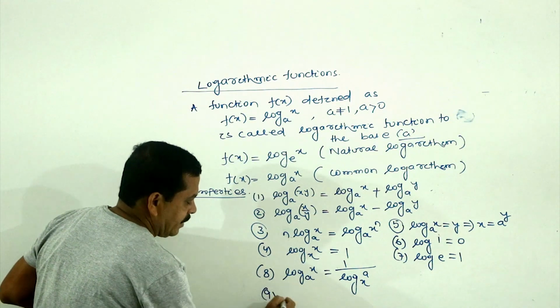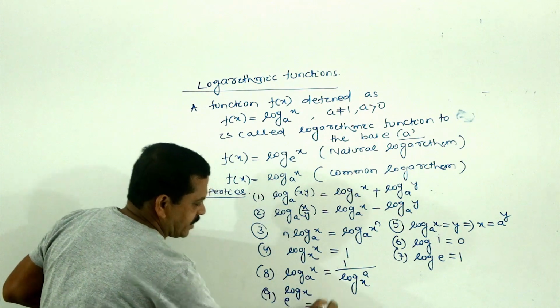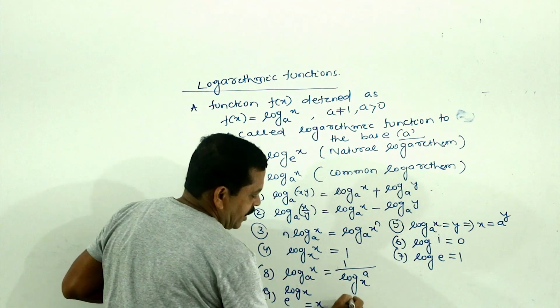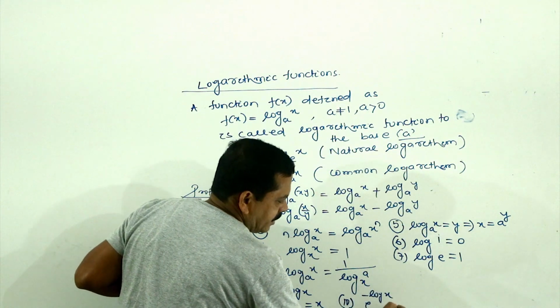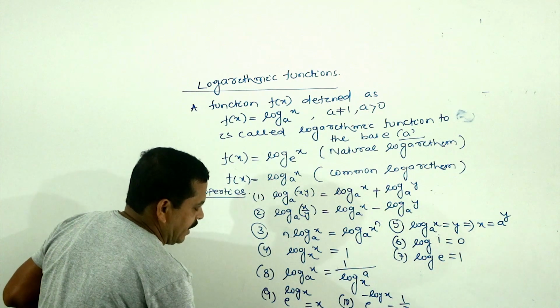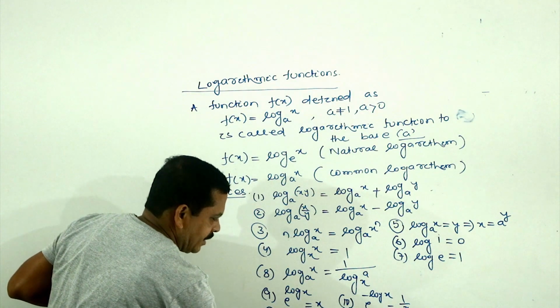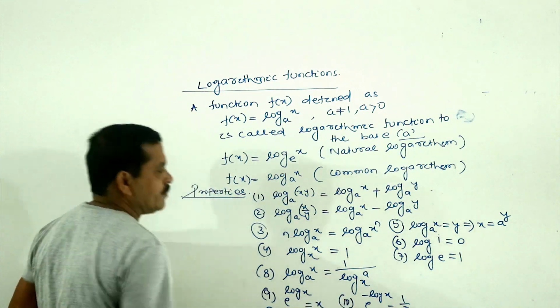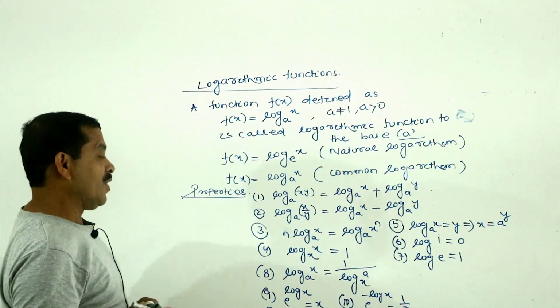Number 9, e to the power log x equals x. Number 10, e to the power minus log x is 1 by x. Number 11, log e to the power x equals x. That is the basic properties of the logarithmic functions.